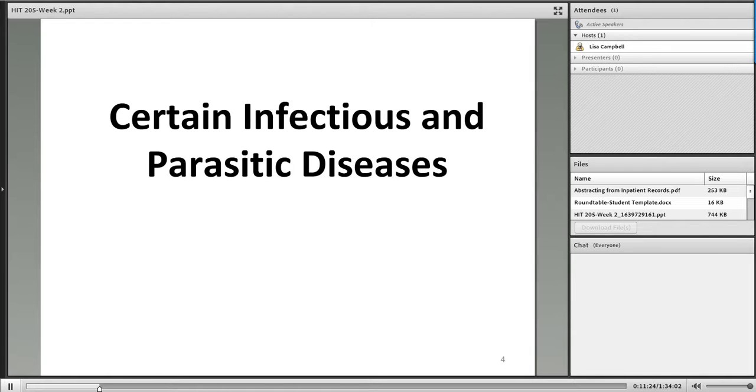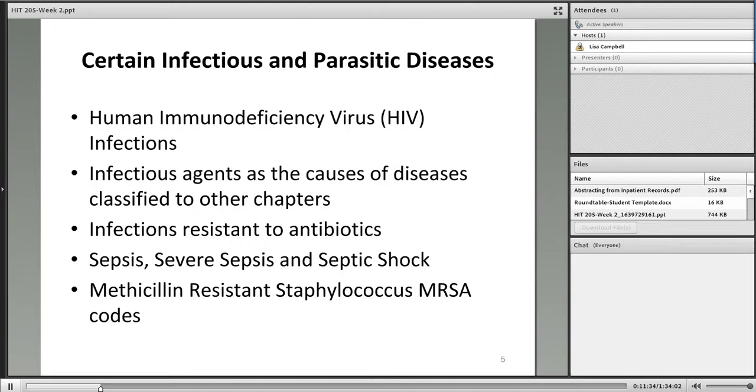So in your physical guidelines, the 115 page packet is what I'm using. On page 17 is where we have our guidelines for infectious and parasitic diseases. It starts off with guidelines for HIV infections.